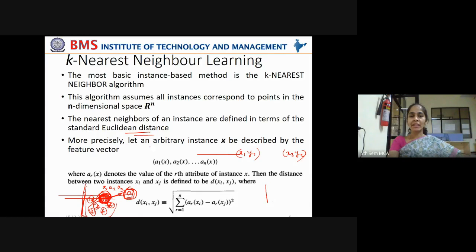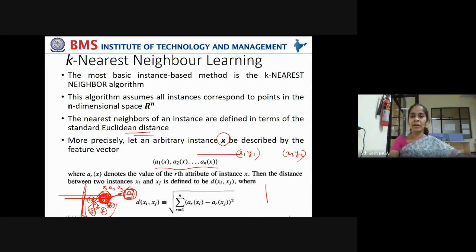More precisely, let an arbitrary instance x, meaning the new data point x, be described by the feature vector a1 of x, a2 of x, and so on up to an of x. It contains n attributes. The first attribute is denoted by a1, the second attribute by a2, and so on, where ar of x denotes the value of the rth attribute of instance x.